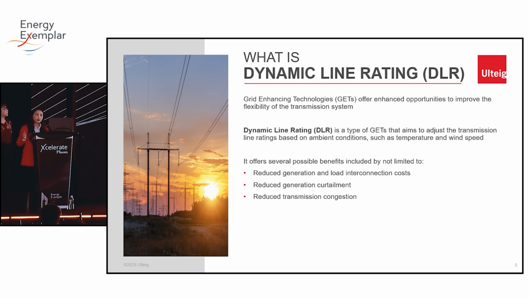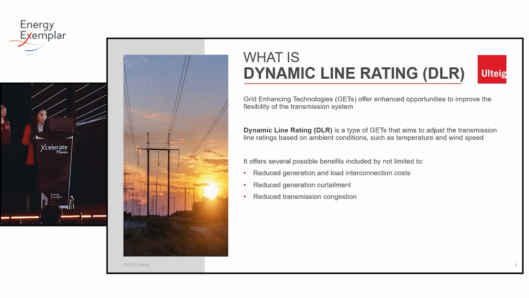So what is the benefit of dynamic line rating? It can offer several possible benefits. First, reduce generation and load interconnection costs. Then, reduce generation curtailment. Finally, reduce transmission congestion. So now we have a grasp of what dynamic line rating is.